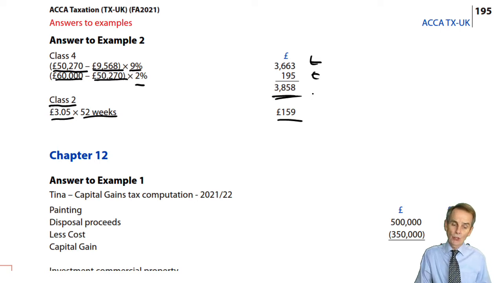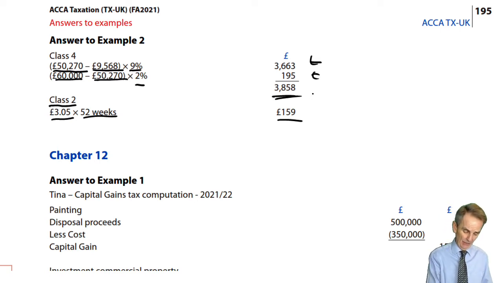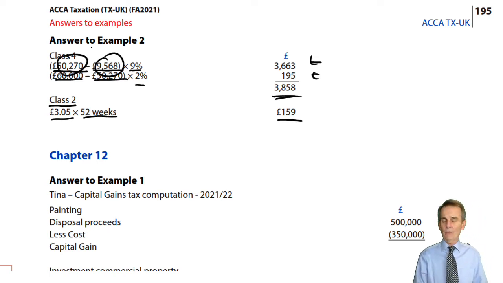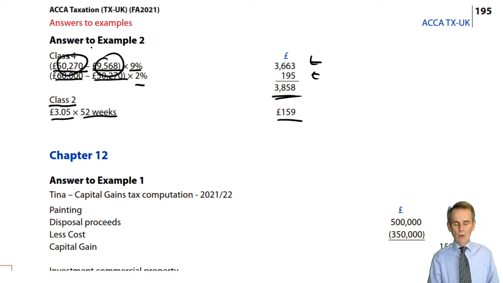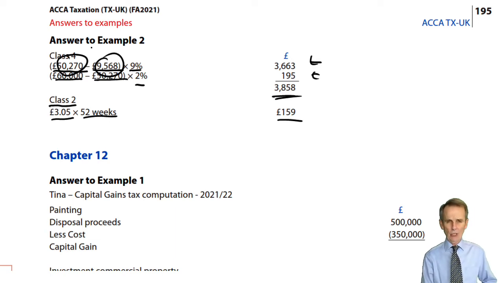Whatever that assessment was, use the full figures as we have here, the 9,568, the 50,270, no time apportioning there, no 6 months thereof because we only traded for 6 months, no. For the tax year, what is the trading income assessment, and compare with that threshold and that upper limit of 50,270.